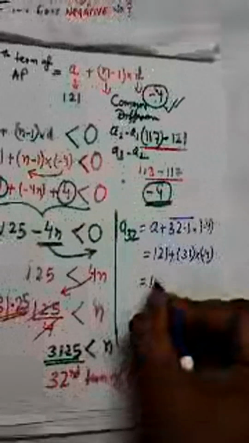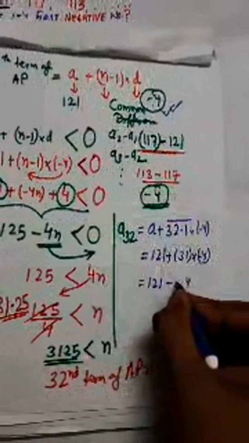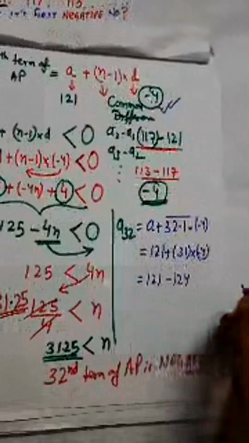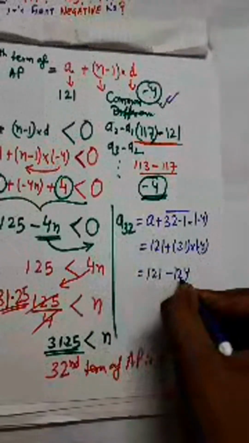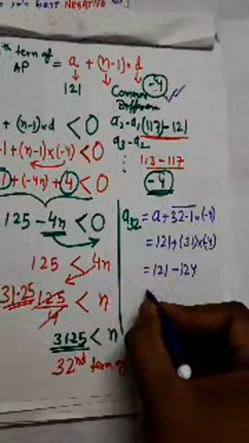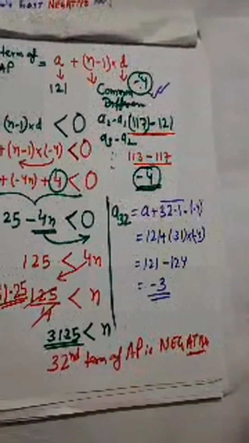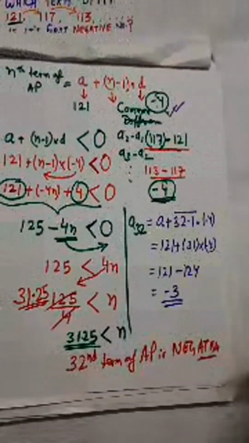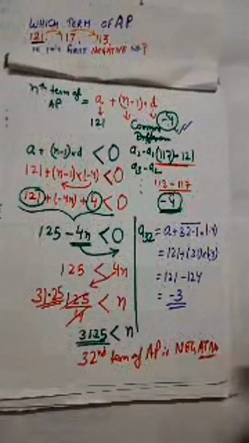Now calculate it: 121 minus 124 is minus 3, right? So minus 3 is the first negative number of the given AP, right?